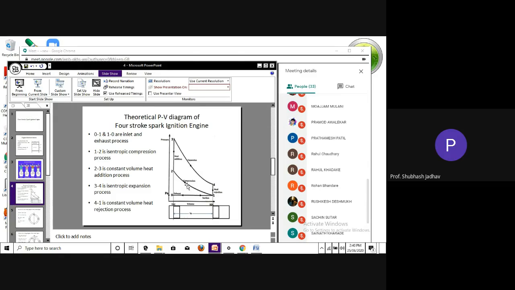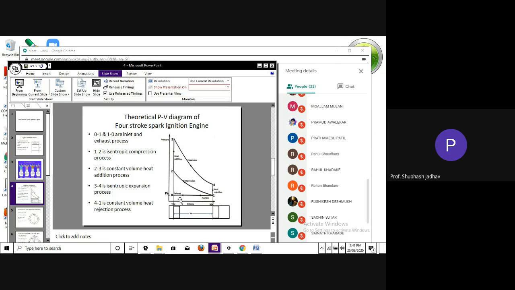This is the volume line: on this side it is increasing, so decreasing volume means this side. Since the volume is decreasing and the gases are trapped in a particular volume, what will happen? The pressure will go on increasing. That is why the line moves like this and reaches up to here. That is point 2.